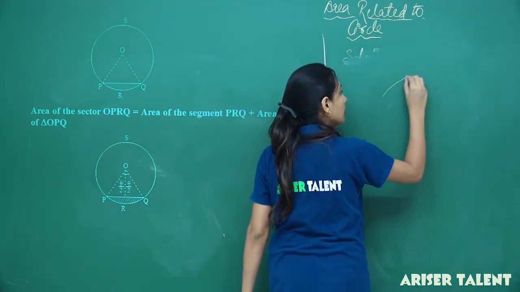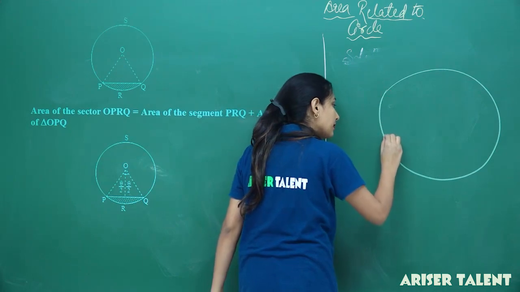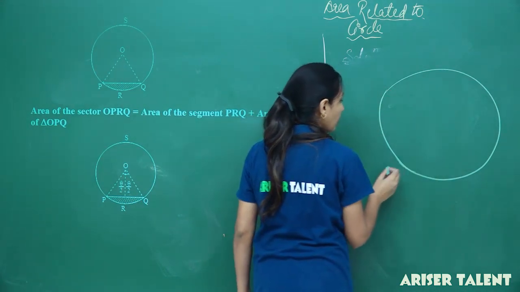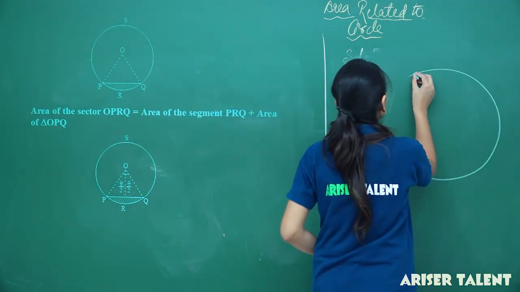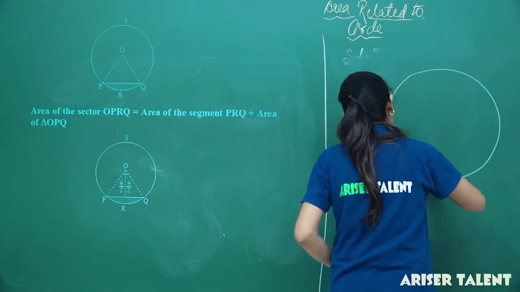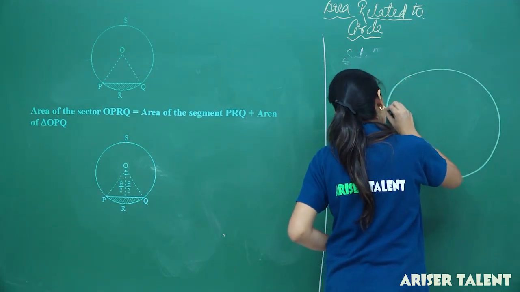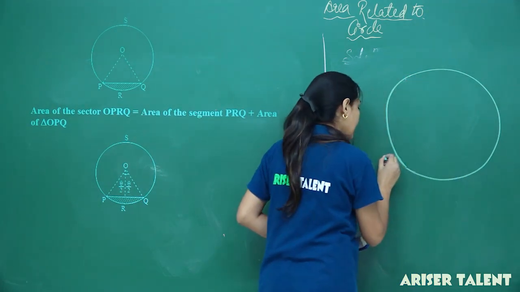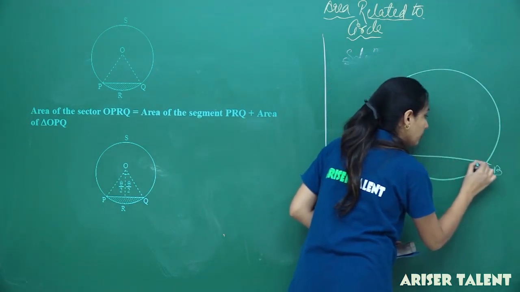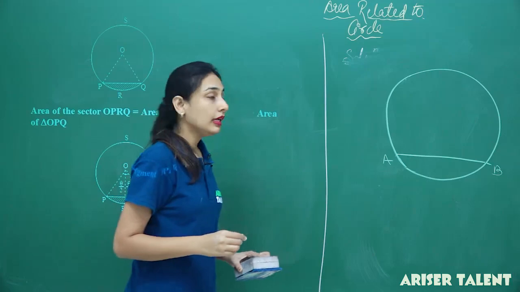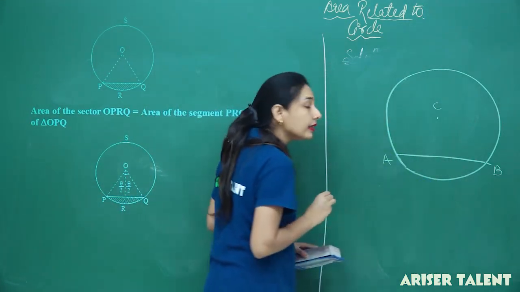So if this is my circle, students, and what I am having 2 points as I told you. Right, 2 points on the circle, name A and B to them. Now meet these. Now we are having a center for sure, and let's suppose the center is here.